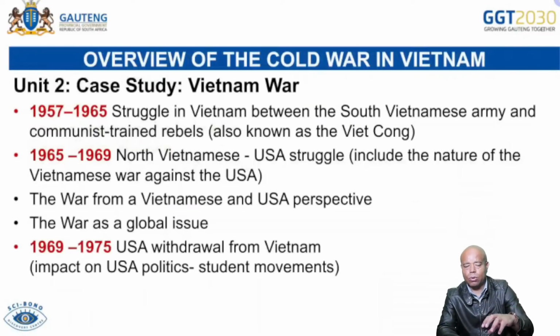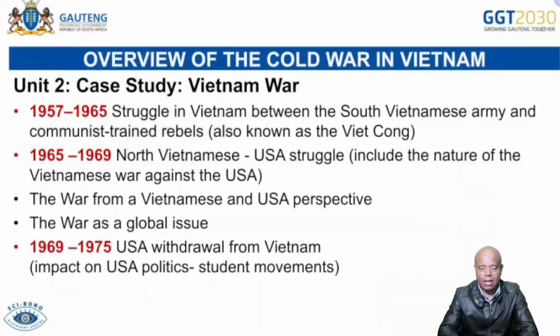They promised there would be an election after 1954, but there was never an election in South Vietnam, and that was not well received by the National Liberation Front. Take note, the National Liberation Front was the political party, and the Vietcong were the military wing of the National Liberation Front. Very important that we know that.